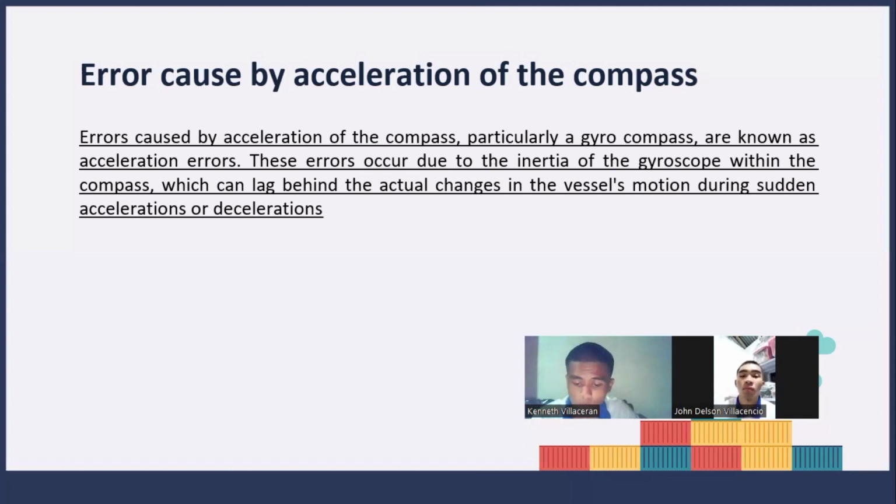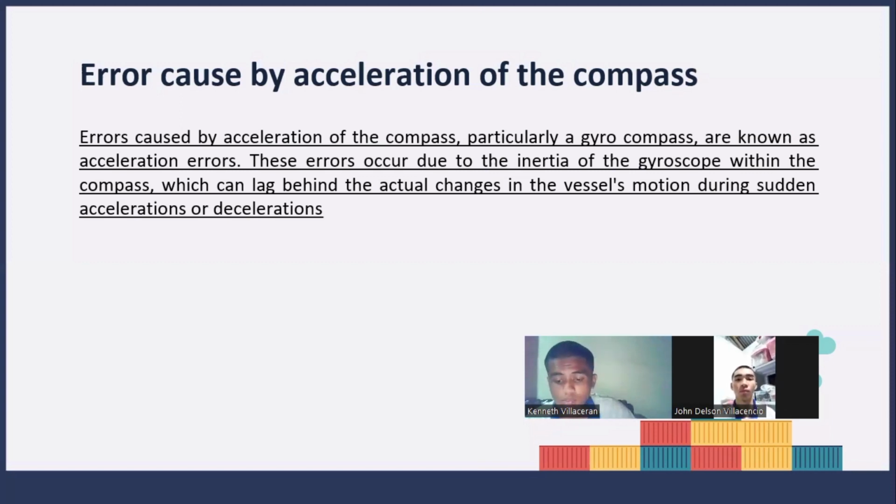Deceleration causes a false turn towards south. In the southern hemisphere, the effects are opposite. Acceleration causes a false turn towards south and deceleration towards north.